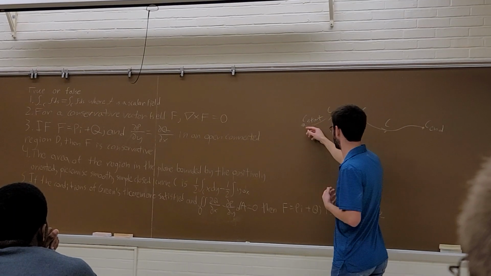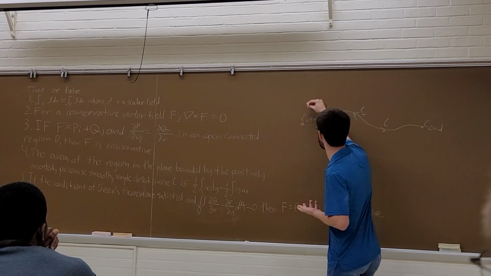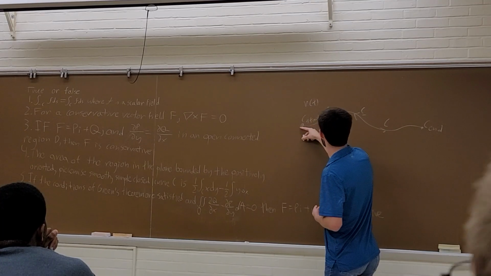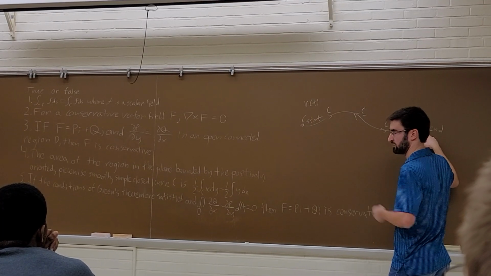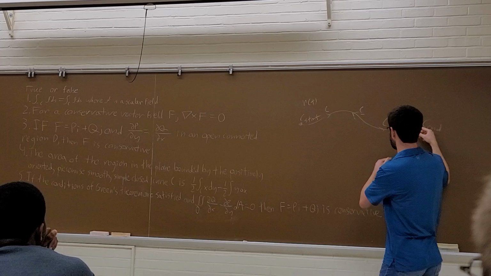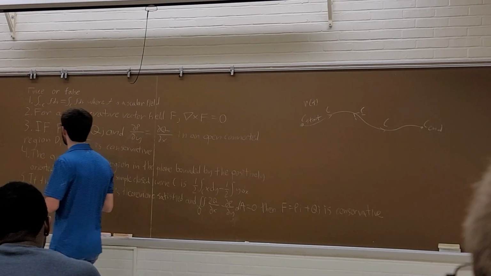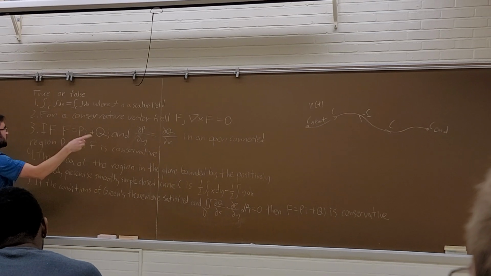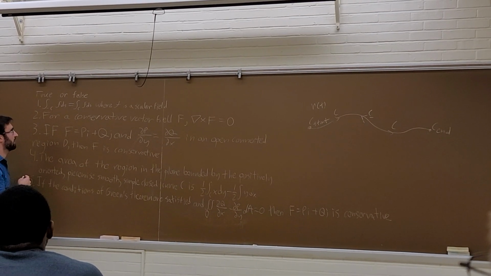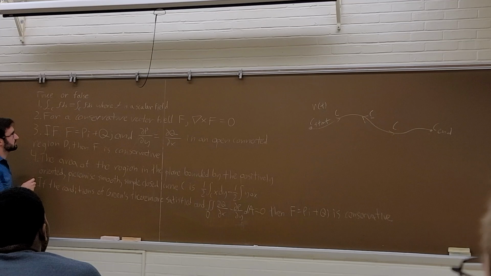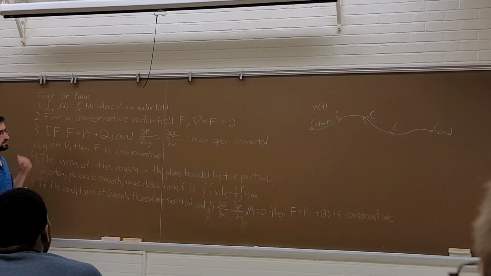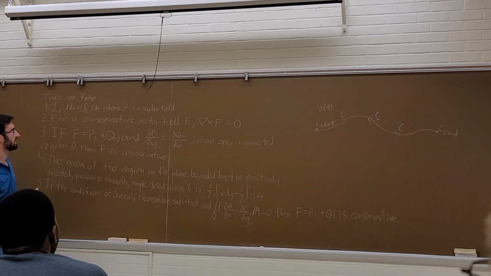Because this would be a curve that we suppose is parameterized by some function r of t. And as you increase t, you'd be going this way for C, and then for C minus, as you increase t, you'd be going this way. So the question is whether the line integral going the opposite way of the scalar field f ds would be equal to the line integral going in the positive direction of that.